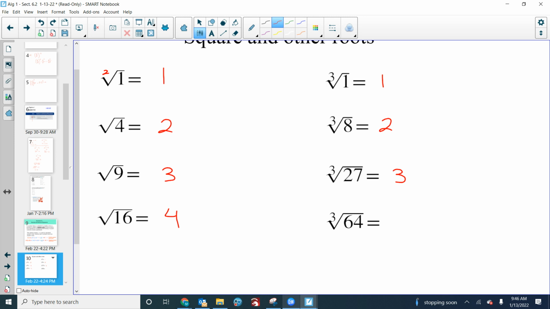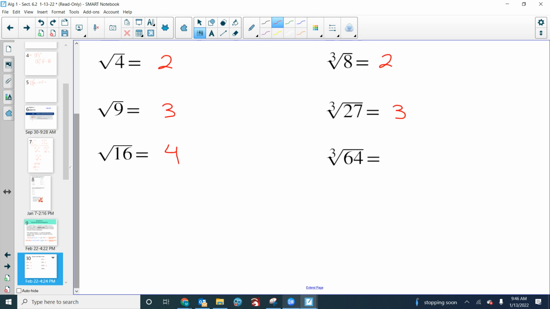Now, let's check it in our calculator. Let's learn how to take a cube root in our calculator. Do you see the button that has a root with an X above it? It's the caret button, but it's the blue above it. Do you see it? Okay, now don't type anything in yet. Here's how you have to type it in your calculator. Do you see how it's an X up there?